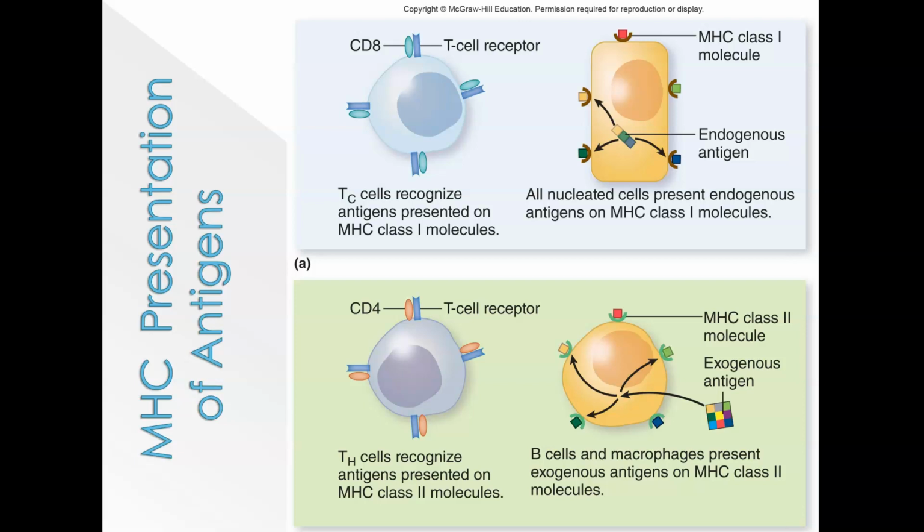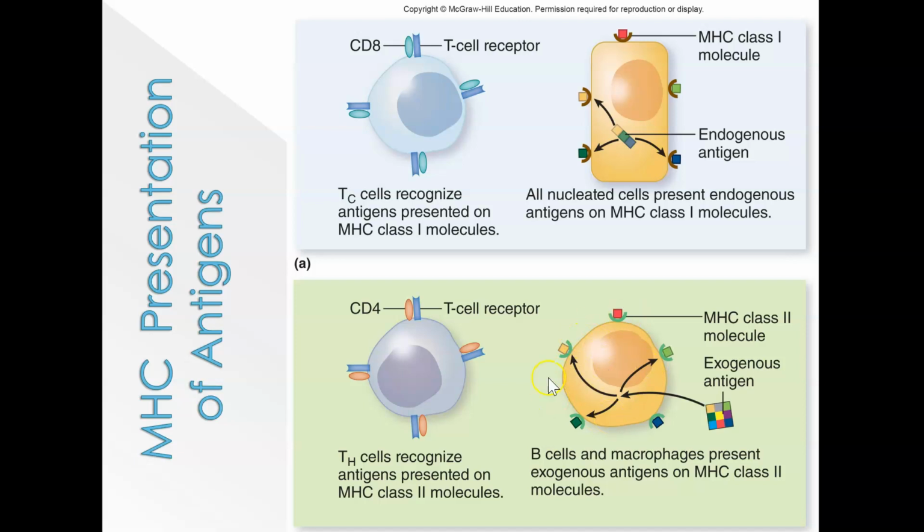On the other hand, we have antigen presenting cells, because they're going to take exogenous antigen, antigen from an extracellular pathogen, and bring it inside through phagocytosis or endocytosis. They're going to chop up this antigen and present it in the context of MHC class 2.